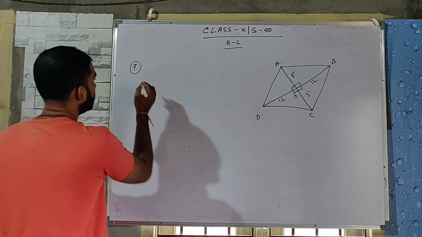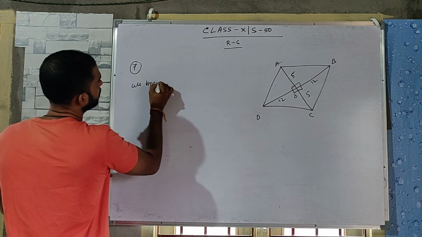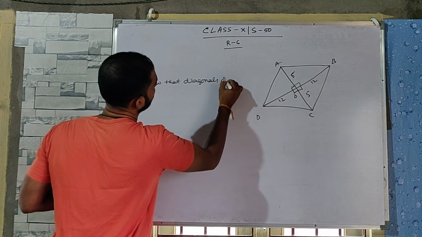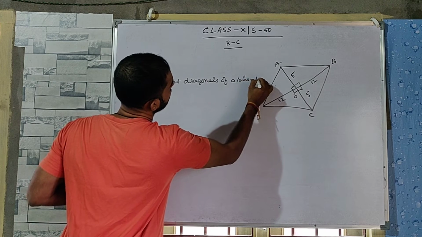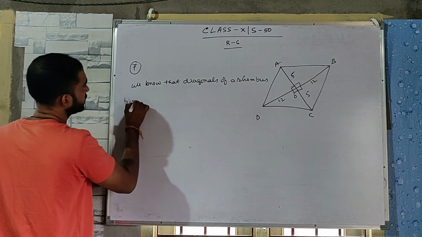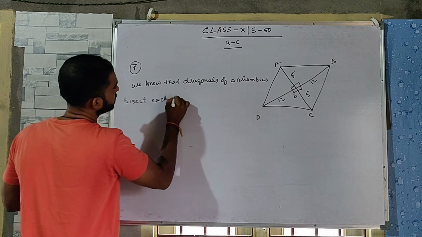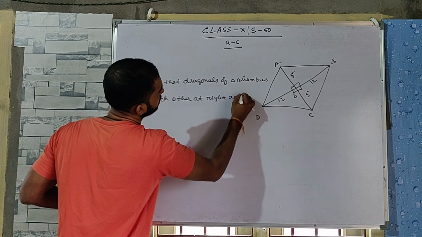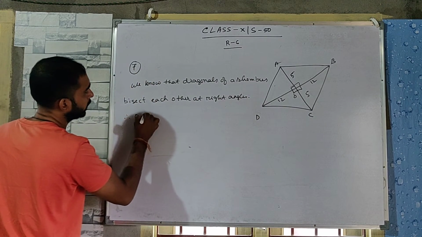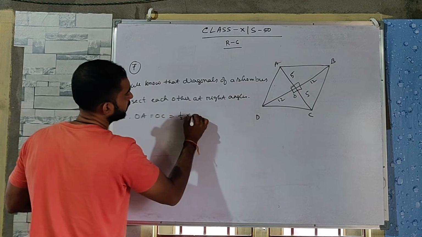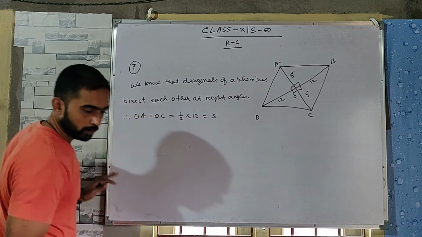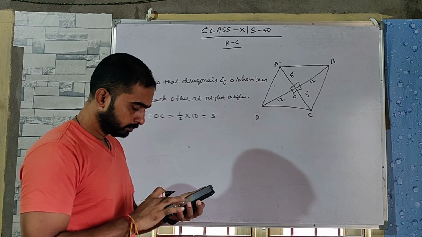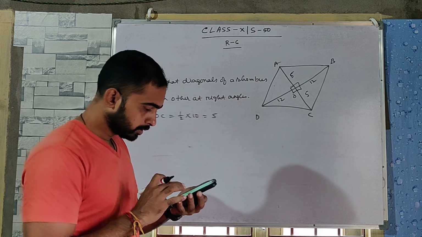Okay, now see here, we know that diagonals of a rhombus bisect each other at right angles. Therefore, OA equal OC equal half of 10 equal to 5 meter.